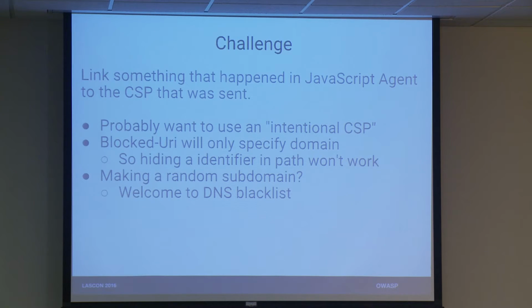It's a neat trick where, a blocked URI will only specify the domain in some browsers for privacy reasons. So hiding an identifier in the path wouldn't work. And making a random subdomain would provide us an identifier in the blocked URI, but then we're going to cause a bunch of DNS problems, caching, and we're probably going to get blacklisted somewhere because we'll look like a piece of malware.